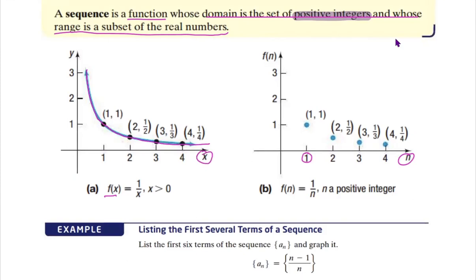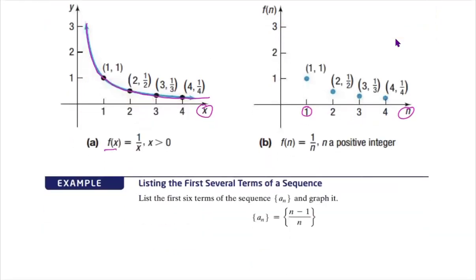You call the variable x for the function, and for the sequence you're going to call the independent variable n, where you count only the numbers that are positive integers. So you're going to evaluate for n equals 1, 2, 3, 4, and so on.